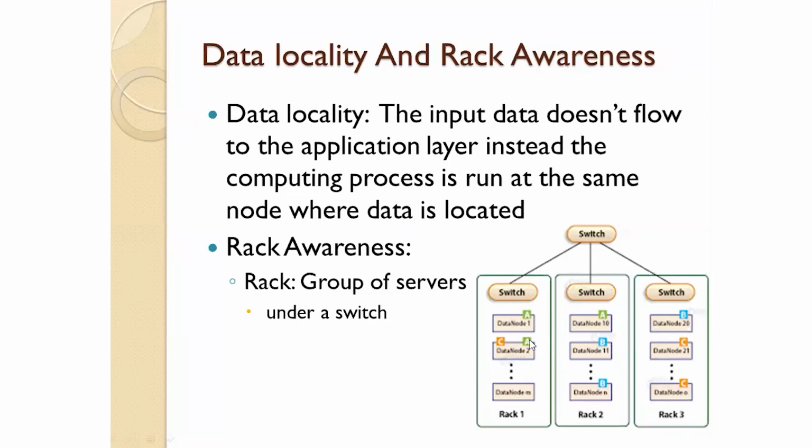Because if one of the data nodes is down, it can take from the other data node in the same rack. Here there is no movement of data through the network. If in case two of the data nodes are down, which does not usually happen, in that case we can fetch it from the nearby geographical location, that is another rack.